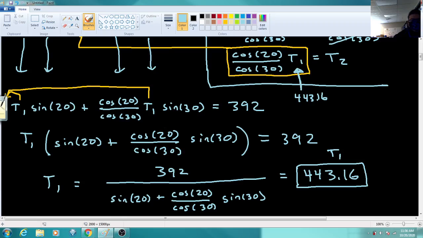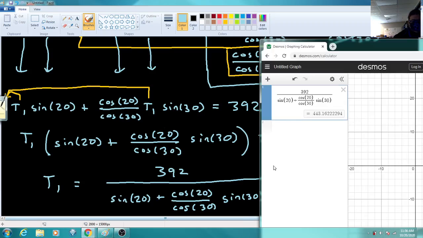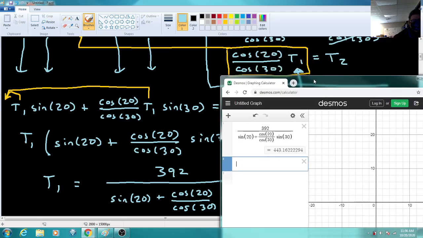So we'll say cosine of 20 divided by cosine of 30, all that times the 443.16. And that gives me 480.86.